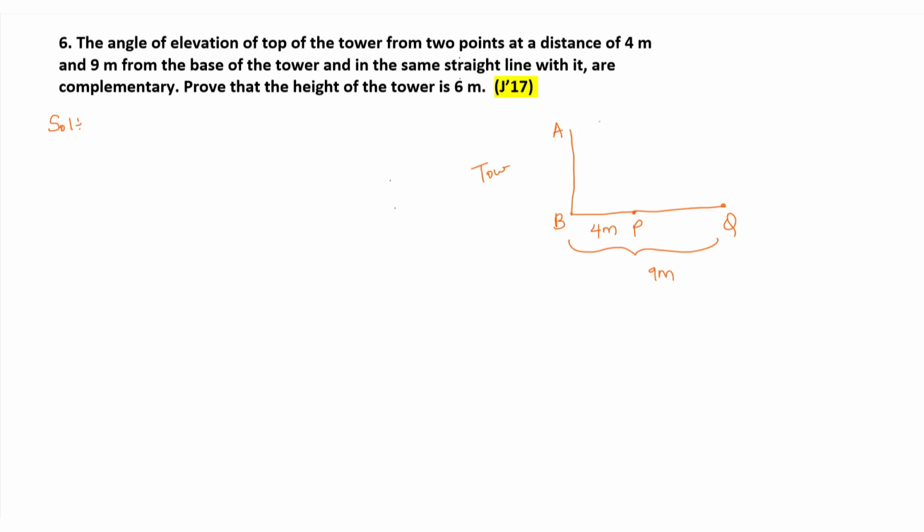This is our tower and the angles of elevation are complementary, from points P and Q. What do you understand by complementary? Complementary angles means if you add angle 1 plus angle 2, we should get 90 degrees.